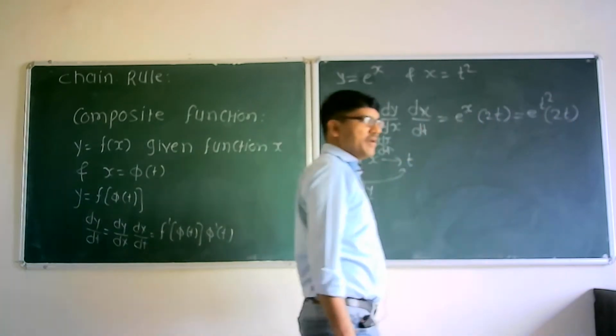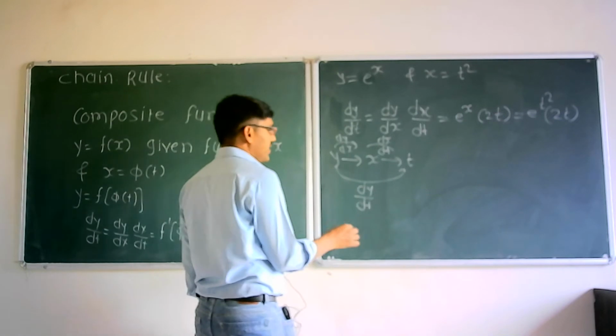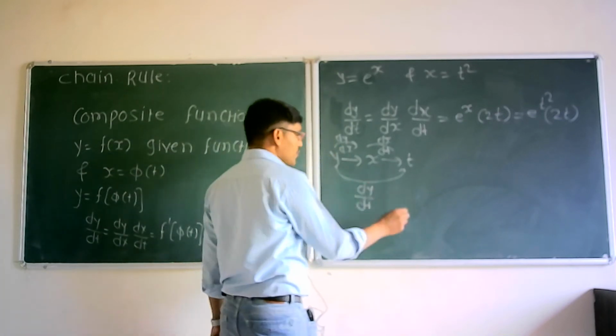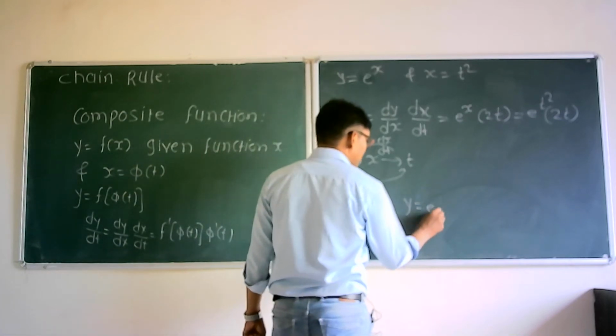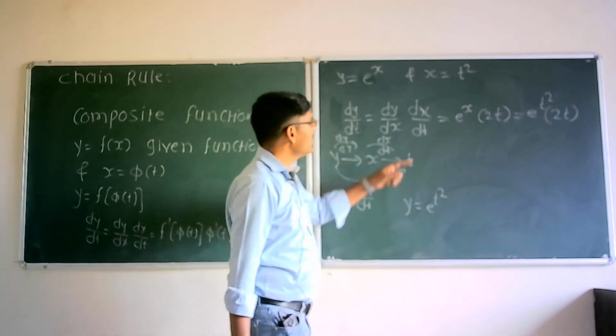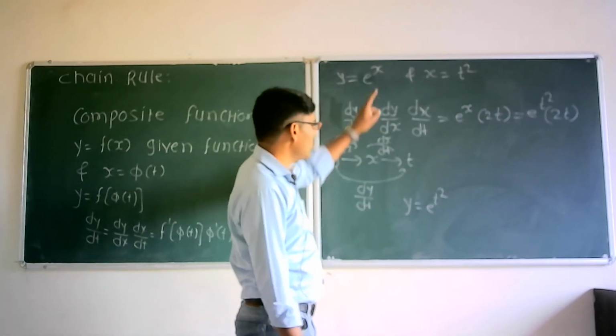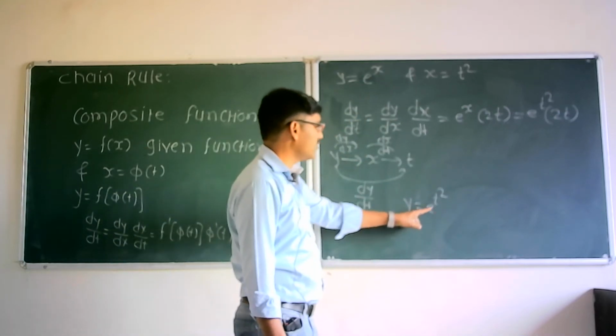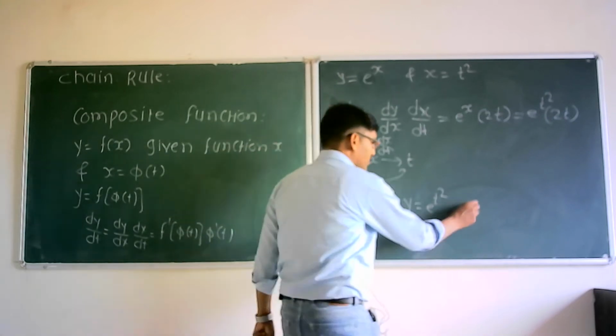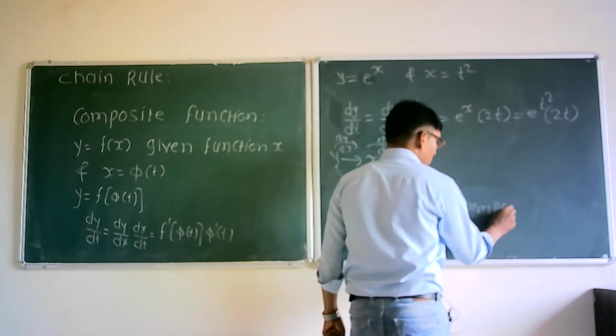You can directly verify this formula by finding the composite function. So what is the composite function? If you put x is equal to t square, then you will get y is equal to e raised to t square, a composite function of t.